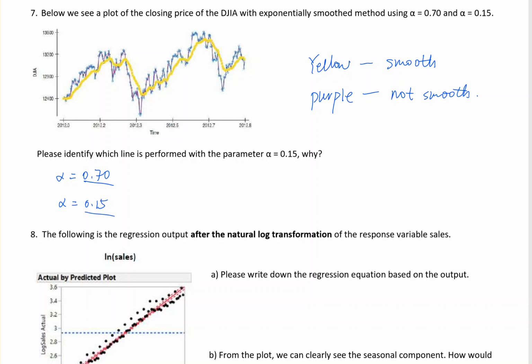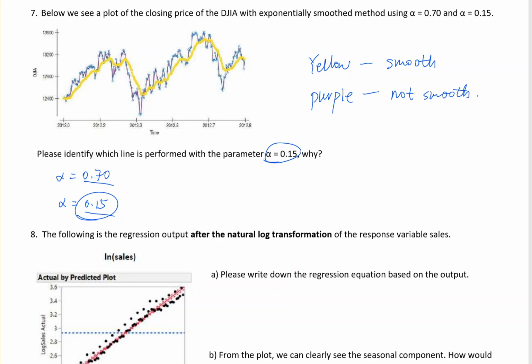So we are looking for which one is for alpha equals 0.15. If alpha is 0.15, that means alpha is close to 0.